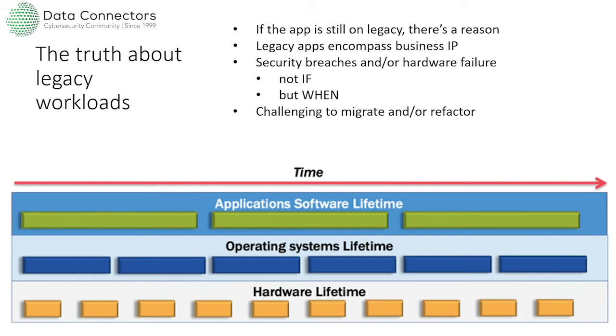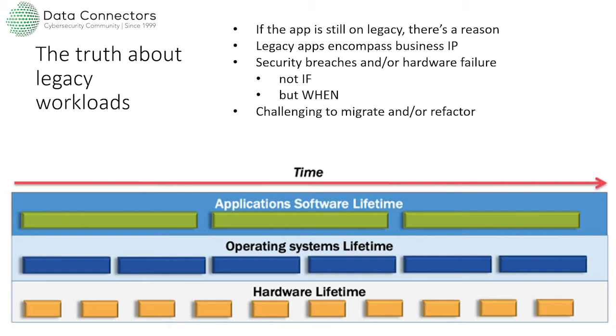So the deal with legacy workloads is that if an application is still on legacy architecture, there's a reason, and most likely that reason is that it is a business critical application or has some type of proprietary information or process or something that is critical to making our business, wherever that is, go the way it's supposed to.